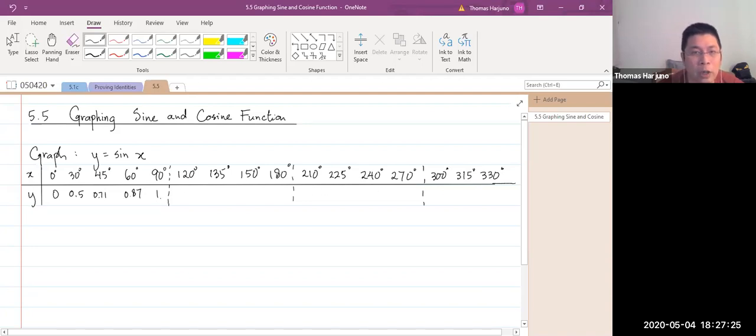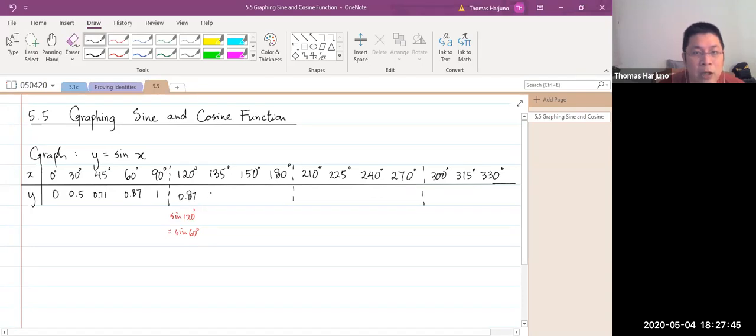And then, if you think about it, you don't need to use a calculator anymore here, because to find sine 120 degrees, that's the quadrant rule, right? So that's positive for sine, and the reference angle is 60 degrees, right? So this is 0.87.